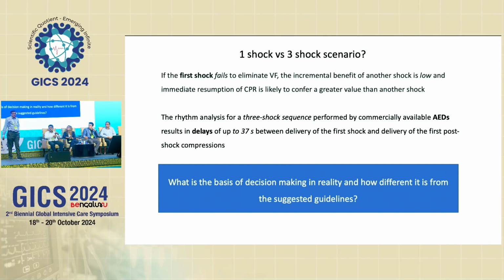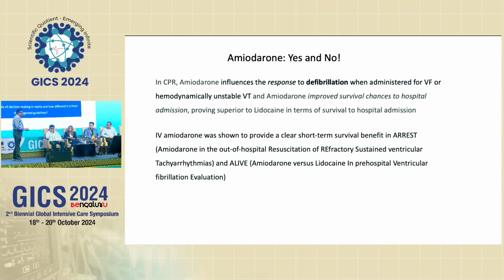That has been clearly elucidated in the ILCOR 2023 guidelines, in pages 44 to 48, with a lot of other principles and diagrams, and it is really important to understand that the second and third shock become meaningless, fruitless more often than not.